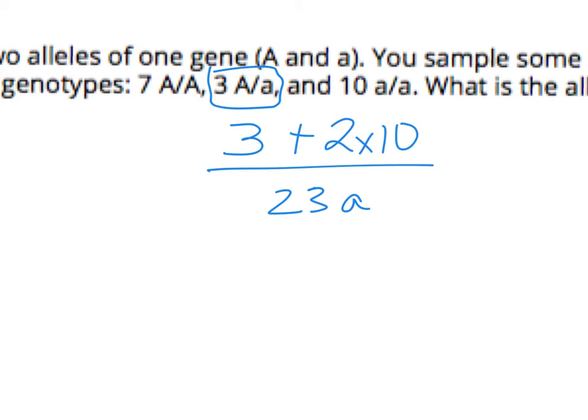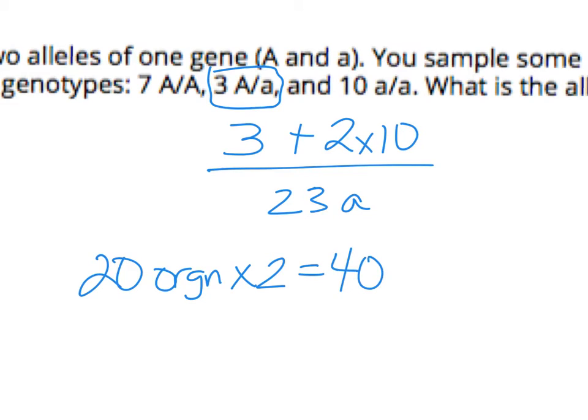And then how many total individuals do we have? How many total alleles did we look at? No, how many individuals, how many organisms did we look at? We've got 20 organisms, each of whom has 2 alleles. So you've got 40 total alleles.